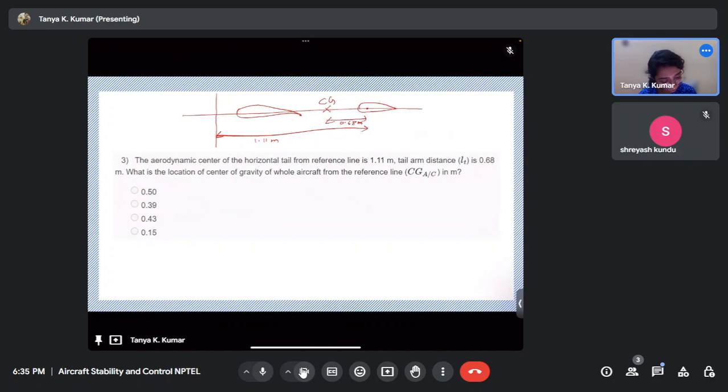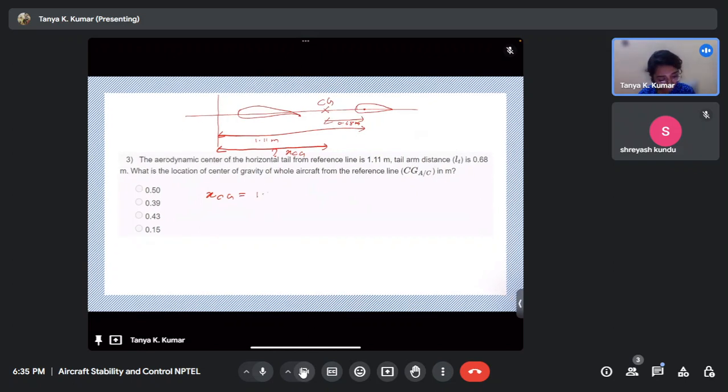Now they've asked you to find the location of center of gravity from the reference line. This is the question mark, that's XCG. So XCG would just be 1.11 minus 0.68, right? Very simple. That gives you 0.43 meters. Correct? Let's go to the next one.